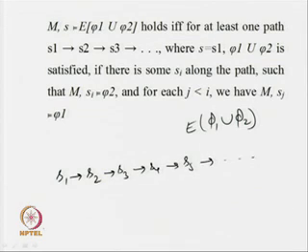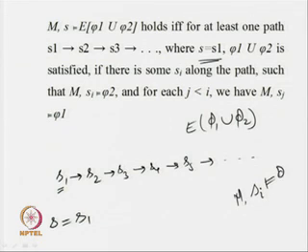We are concerned with a particular state S, and we say S equals S1, the starting state of this path. We say that E phi 1 until phi 2 holds in this state S, provided we get some Si which models phi 2, and for all j less than i, we have M, Sj models phi 1.